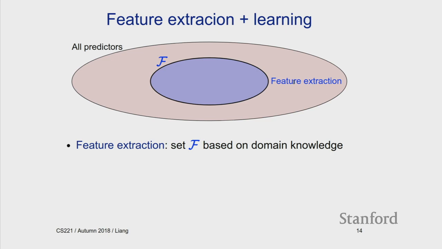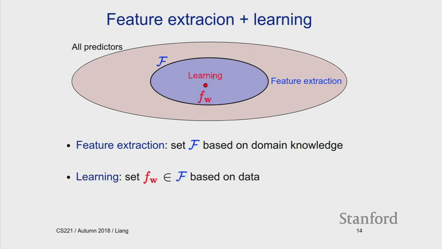So what you're saying is basically, remember, phi is supposed to represent the things that might be relevant for predicting x. It's not everything. So based on your choice of that, you're basically saying, I only think that these functions are going to be reasonable ones to consider. So that's feature extraction.